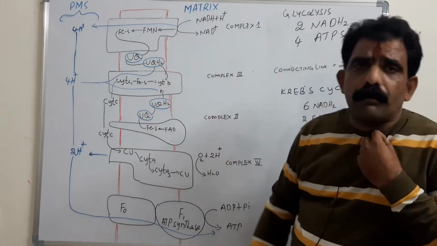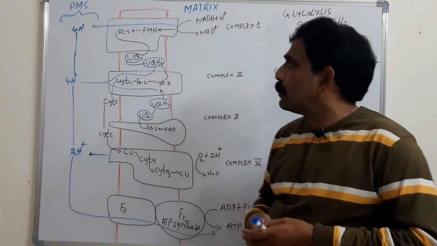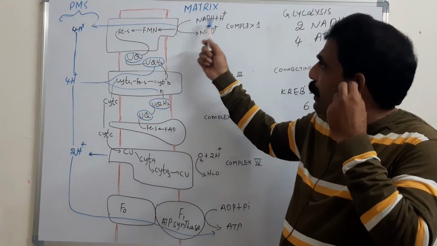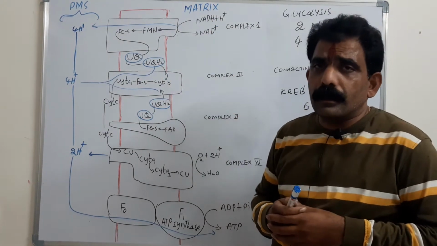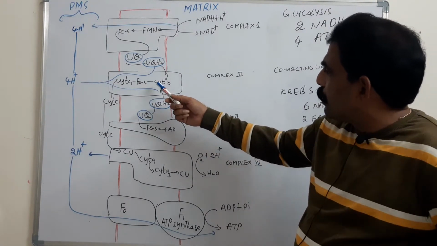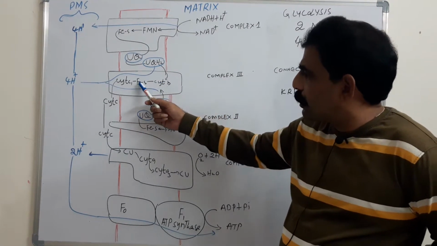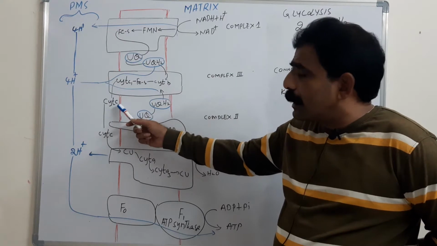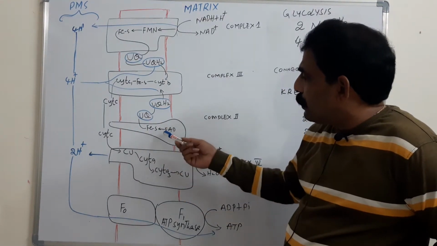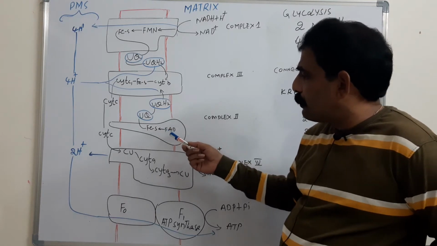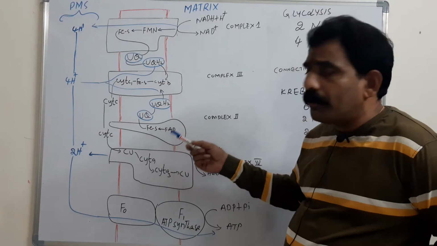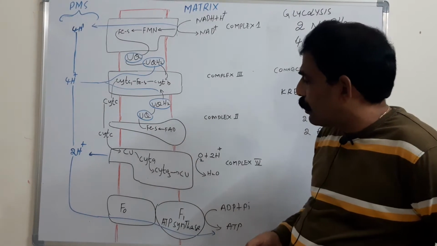Almost all the complexes have enzymes. Complex 1 consists of NADH2 dehydrogenase enzyme. Complex 3 consists of cytochrome reductase enzyme. Complex 2 consists of succinic dehydrogenase, otherwise FADH2 dehydrogenase enzyme.